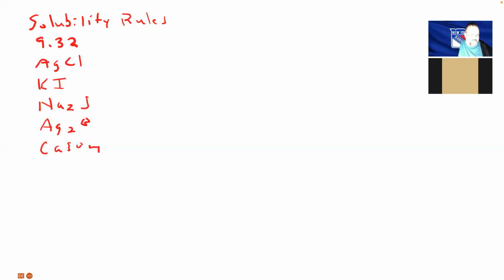So let me just fix the Ag2O. All right. So again, let's go to the solubility rules. So the first one is silver chloride. So, you want to look up the information that either speaks to silver or speaks to chlorine.